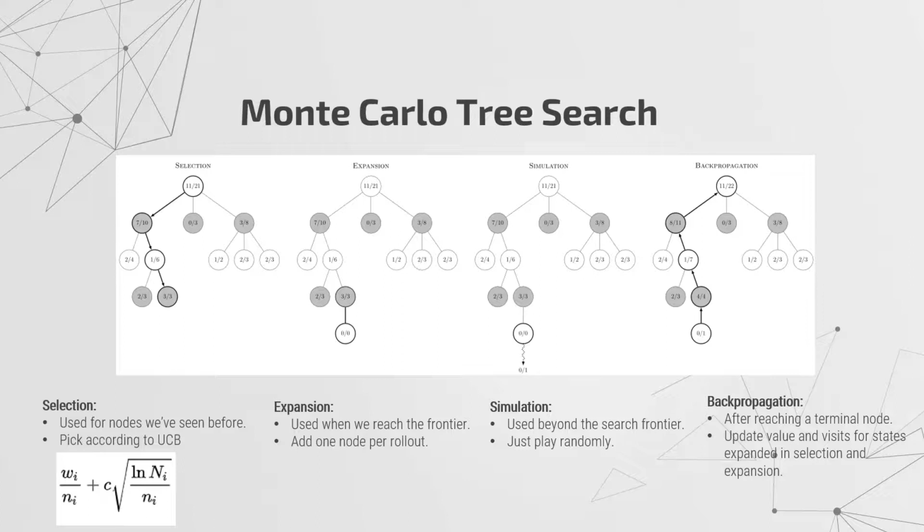Backpropagation: after determining the value of the newly added node, the remaining tree must be updated, so the backpropagation process is performed, where it backpropagates from the new node to the root node. During the process, the number of simulations stored in each node is incremented. Also, if the new node's simulation results in a win, then the number of wins is also incremented.